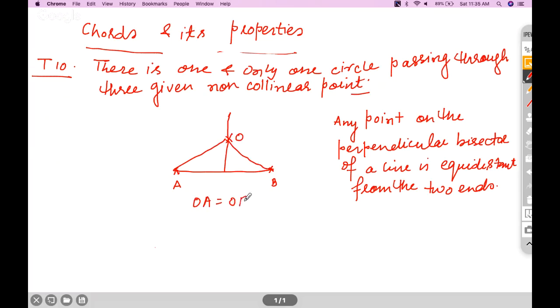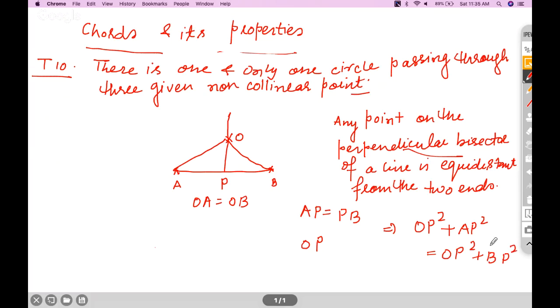Why? Because let's take this P, this is perpendicular bisector, so it means that AP is equal to PB and OP is common, so you can say that OP square plus AP square, which is also equal to OP square plus BP square, because AP and BP are equal, and that would be equal to OA square, here it will be equal to OB square, so it means that OA is equal to OB.